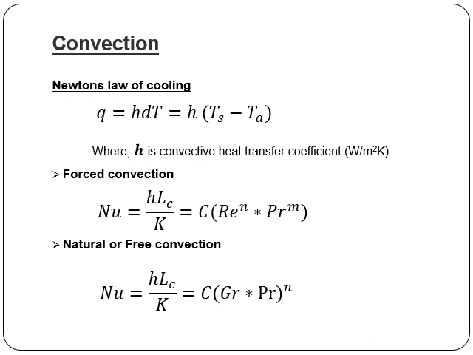But in natural convection, like if you have a hot body and if you place it in atmosphere, it will reject heat or lose heat to the surrounding naturally. And since we are not using any blower or fan, and we are not spending any energy, it is also called free convection because we are not using any energy.